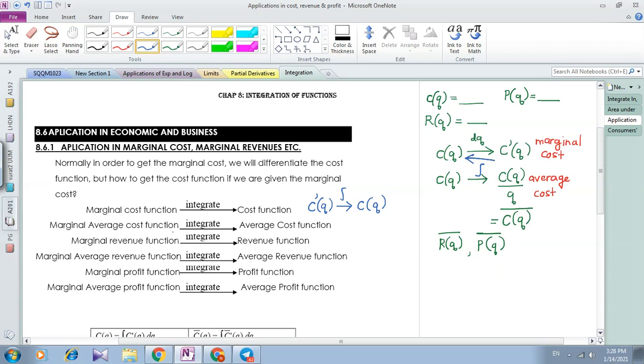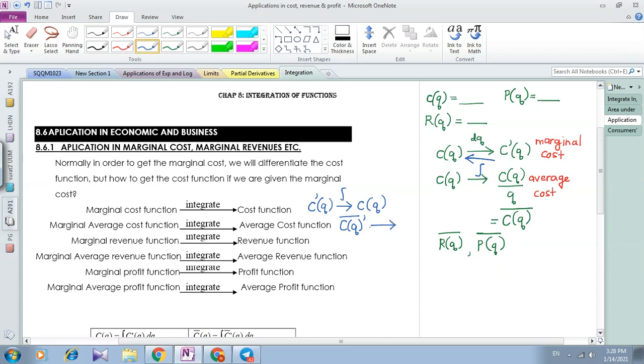What about marginal average? To find marginal average, you find the average first and then differentiate.